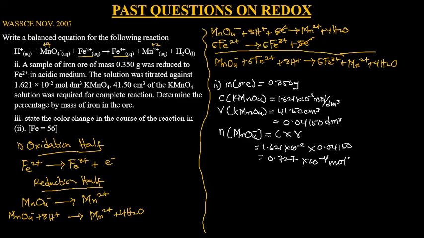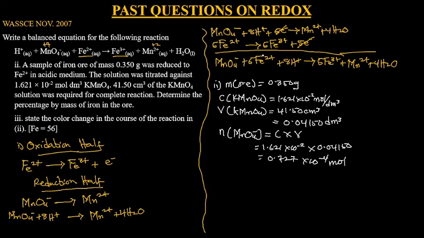Okay, so if that is what happened, then we'll have to go back to our balanced equation, and use that to find the mole of Fe2+, because the Fe2+ is what we had from the iron. It told us that we have Fe2+ in acidic medium. So that Fe2+ is from the iron itself.